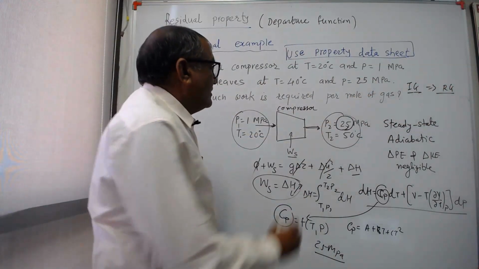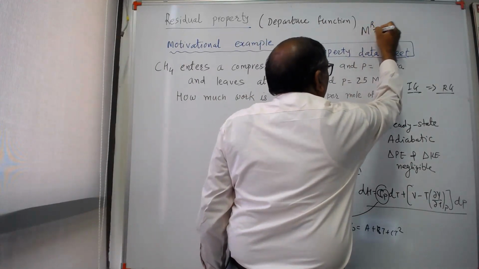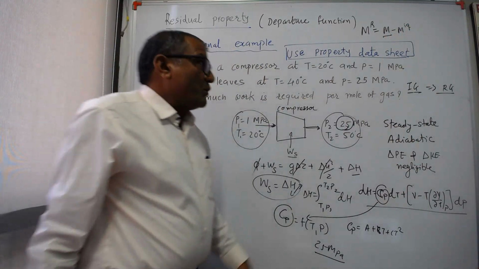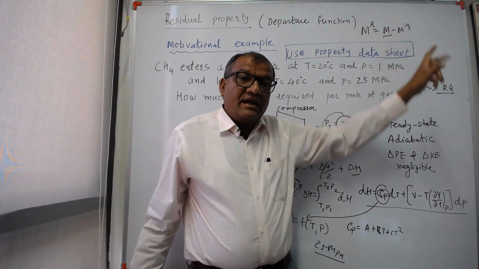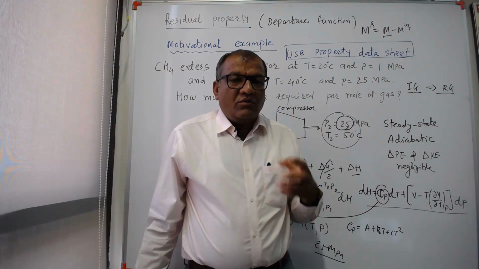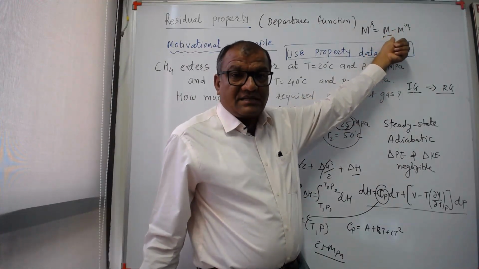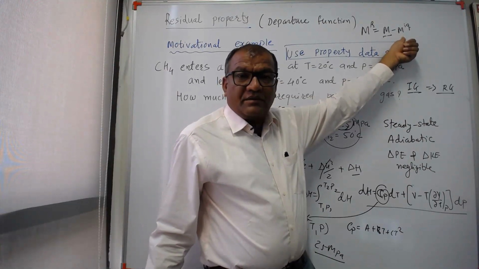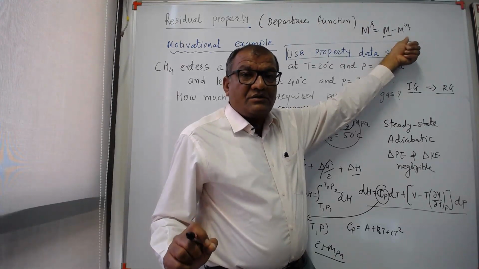So residual property is the difference between the property of the real gas and the property of the ideal gas at the same temperature and pressure. Whatever property you are measuring for the real gas at a given temperature and pressure, the same property we can measure for an ideal gas, but the temperature and pressure should be the same.